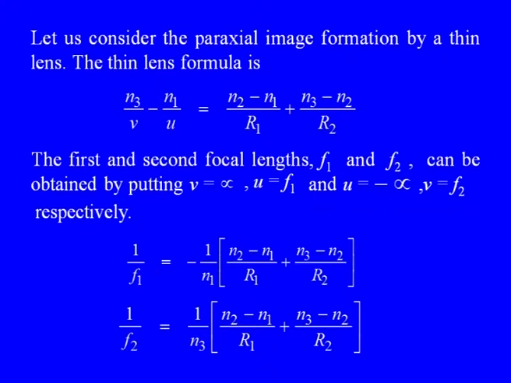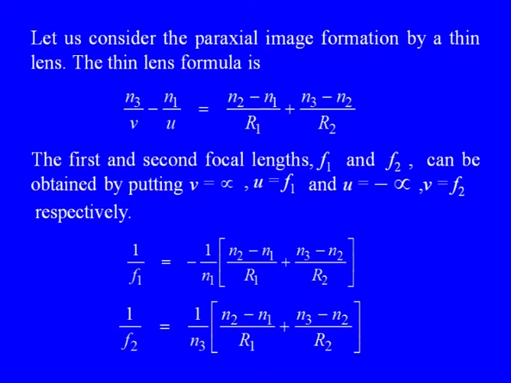This gives 1 upon f1 is equal to minus 1 upon n1, n2 minus n1 upon r1 plus n3 minus n2 upon r2, and for the second one, 1 upon f2 is equal to 1 upon n3, n2 minus n1 upon r1 plus n3 minus n2 upon r2.